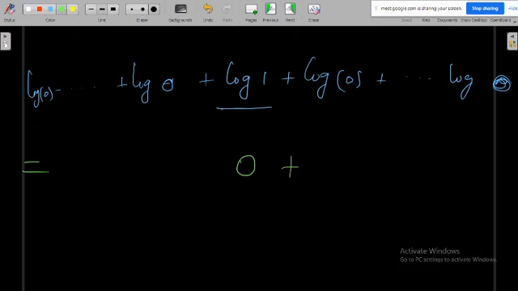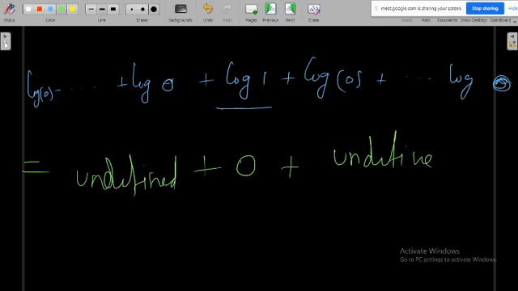No, sir, undefined. Log is defined only for positive numbers. It is not defined for 0 or negative numbers. So this is undefined. I'm not saying this is unbounded, but it is undefined. We do not know.